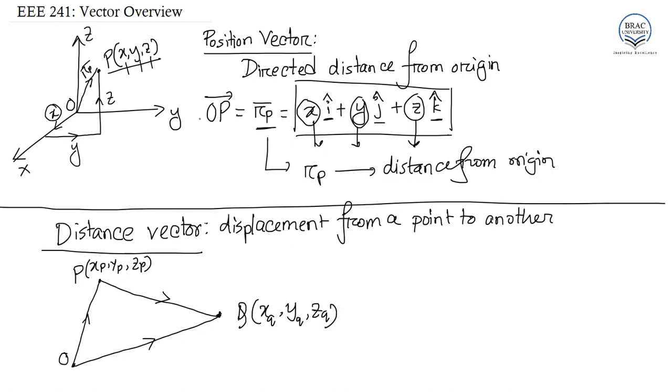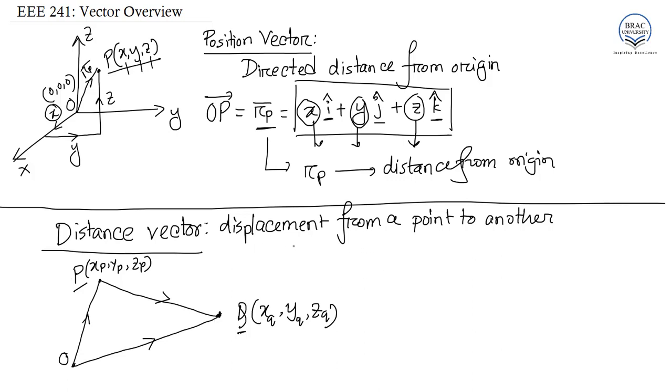In the case of position vector, we were dealing with one point that we know the coordinates, and another point that is the origin, so 0, 0, 0. But what if we were to find the distance between two points that don't include the origin? Suppose there is a point P that is denoted by XP, YP, ZP, and there is another point that is denoted by XQ, YQ, and ZQ, and you were to move from P point to Q point.